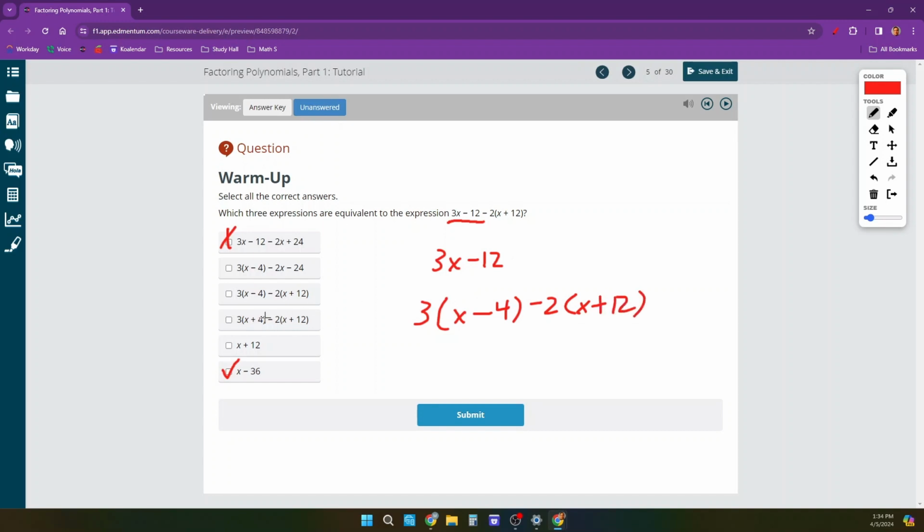And let's see if we find anything here. It seems that we have this. So now we're looking for our other one. This does not simplify into that. This does not simplify into this. So our last potential option is here. And if you remember, when we distributed this side, we know we got negative 2x minus 24.